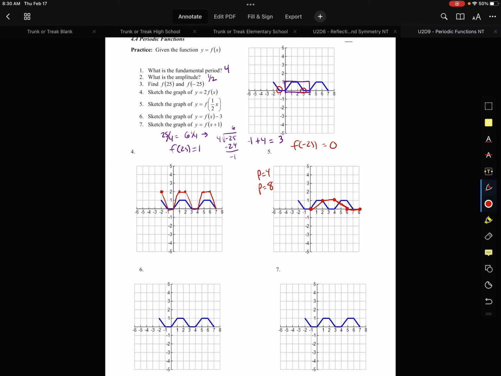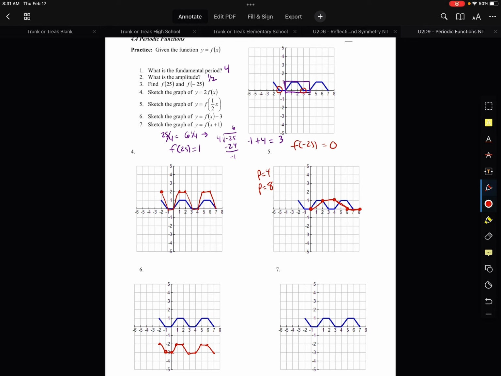All right, f of x minus 3. So we drop the entire graph down 3 units. And last but not least, f of x plus 1.